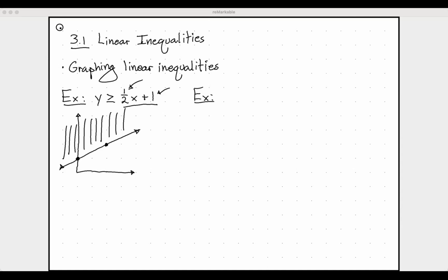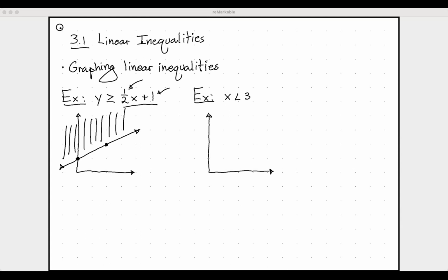All right, so let's do another example. Here's one that you would not be able to put on your calculator, for instance, x less than 3. If you try to put this on the calculator, it will only accept y equals sort of equations. You can't have just an x, so you might get a problem if you do that.